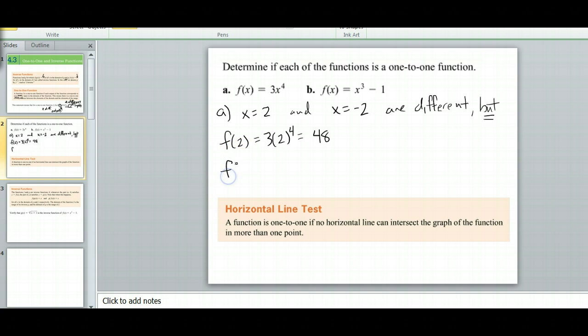And if I plug in -2, 3 times -2 to the 4th power, and -2 to the 4th power is also positive 16, and then positive 16 times 3 is also positive 48. So the two inputs were different, but the outputs are the same. So this is not a one-to-one function.